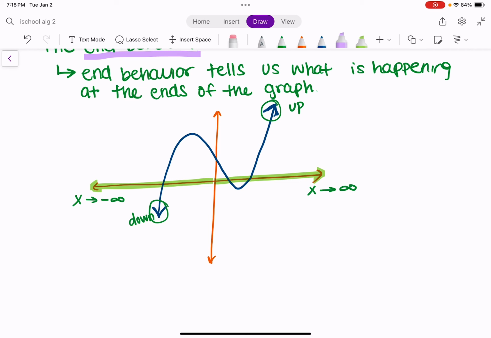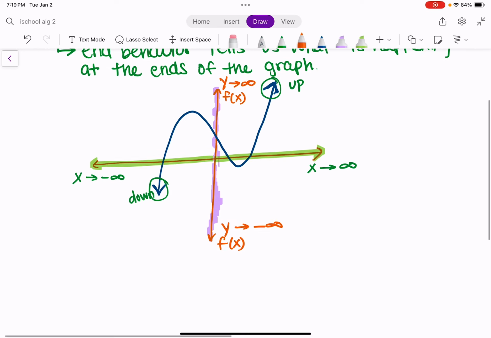Similarly with the y's, if we go up, that means y goes to positive infinity. But remember, sometimes instead of y, we write f of x. f of x and y are the same thing. On the other side, y goes to negative infinity, and again, sometimes we write y as f of x.